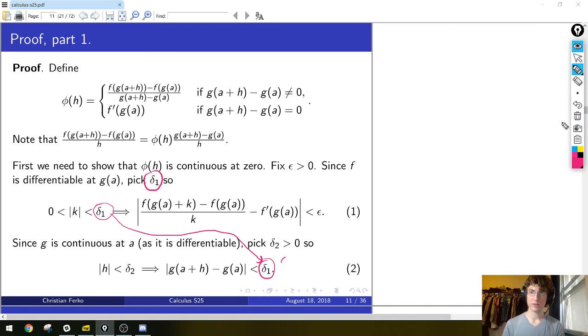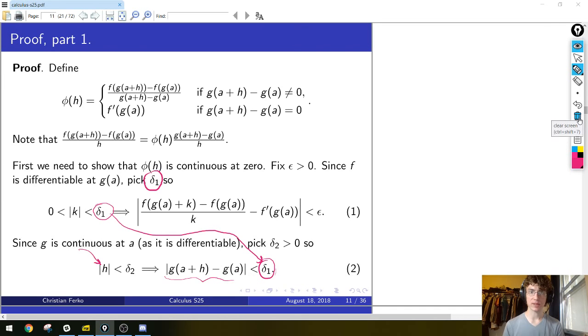We use that delta 1 as the epsilon in the continuity argument of g, and choose a delta 2, so that whenever h, we don't need the 0 because of continuity here, whenever absolute value of h is less than delta 2, then g is delta 1 close to g of a.